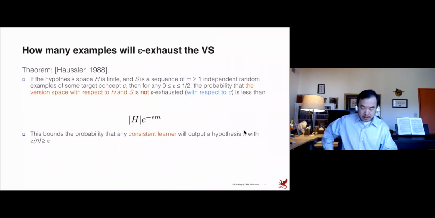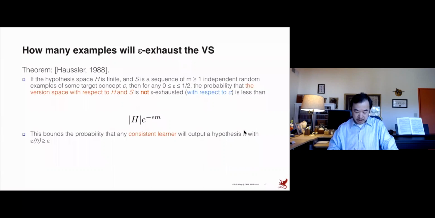Here is an important statement, which was discovered a long time ago by David Haussler. You can start by building or identifying a version space with respect to H and S, and you can characterize whether it is epsilon exhausted or not by manipulating the number M and some other quantities to establish this connection.